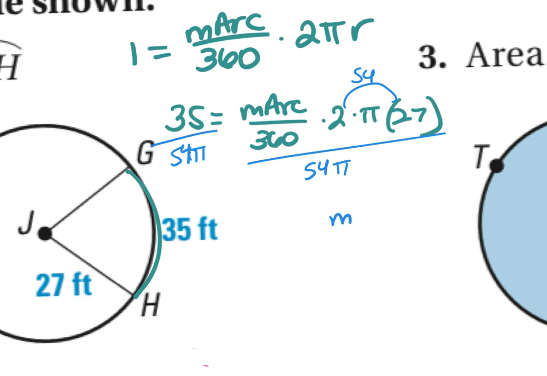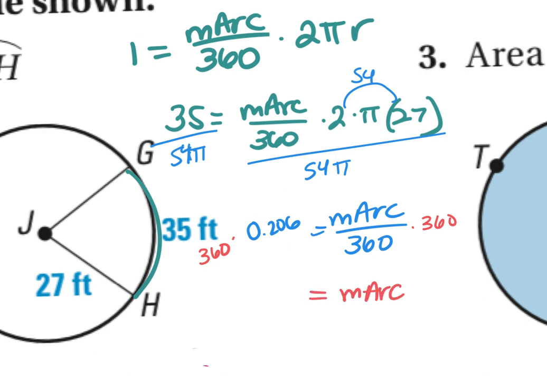And I get the measure of the arc over 360 equals 0.206. And then I'd multiply both sides by 360. That gives 74.27, or 74.3.